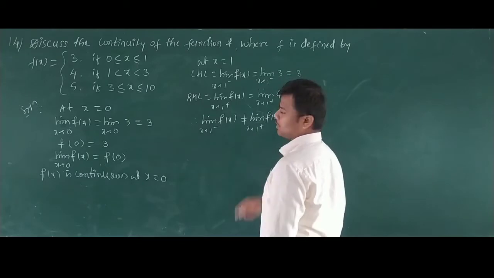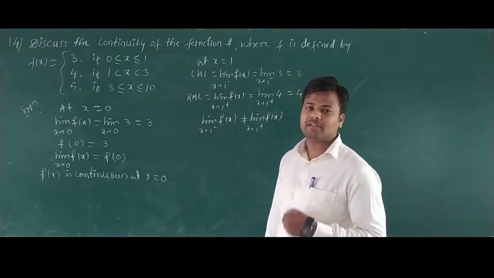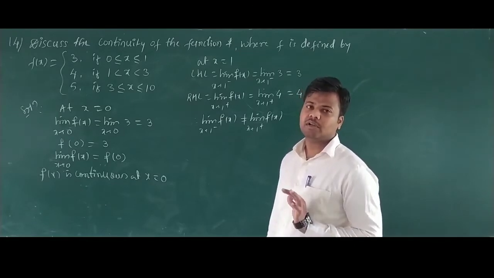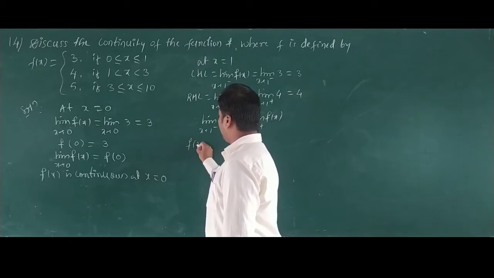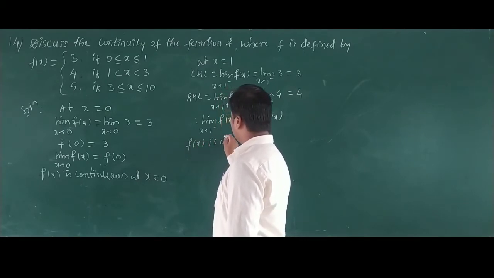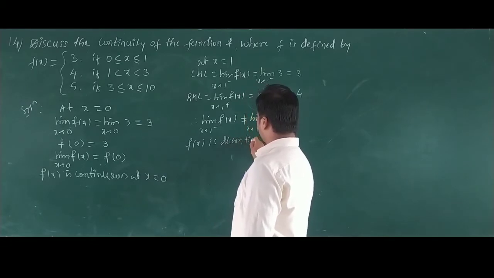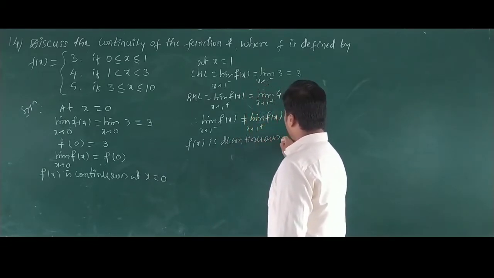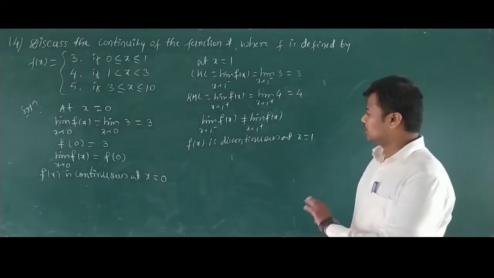This is 3 and that is 4, so not equal. The limit does not exist. Limit does not exist means the function is discontinuous. So f of x is discontinuous at x equal to 1.